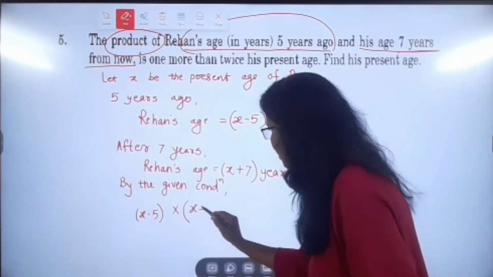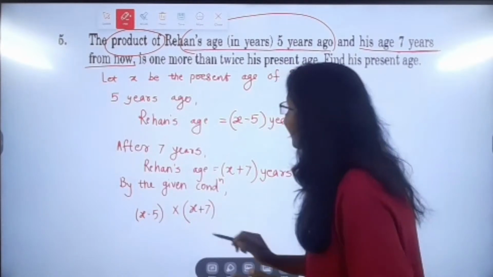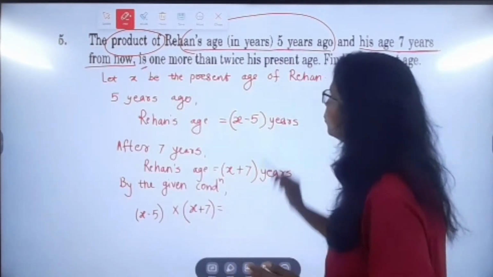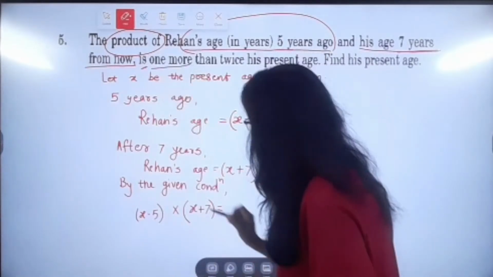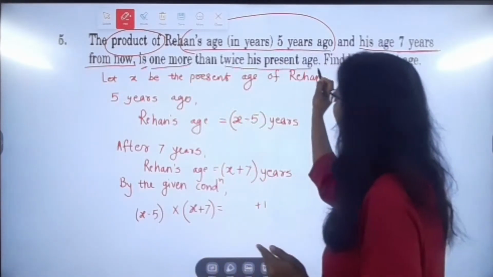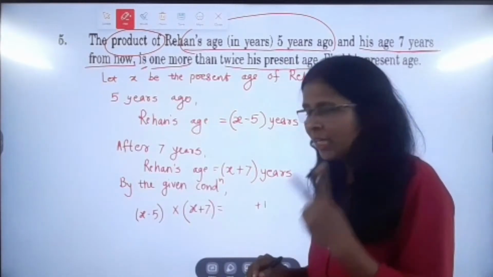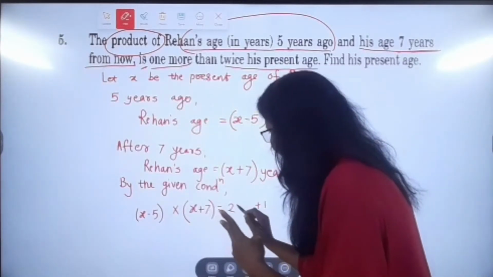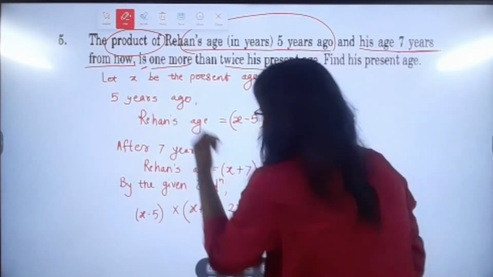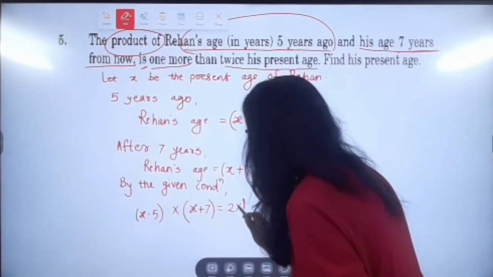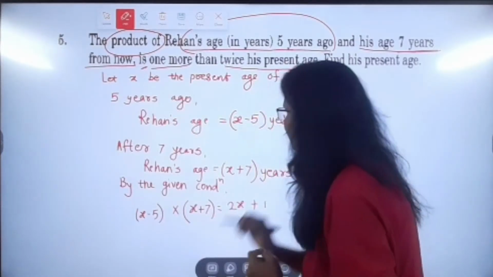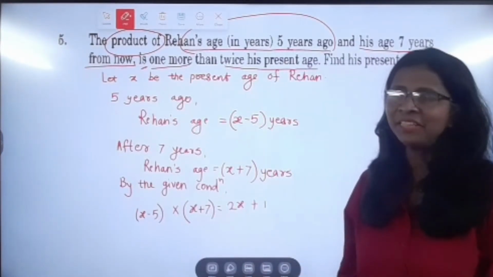And 'is' means is equal to; 'one more' means plus 1; 'twice his present age', twice means to multiply, and the present age is x, so I directly write down 2x. Okay, so this will be the equation.